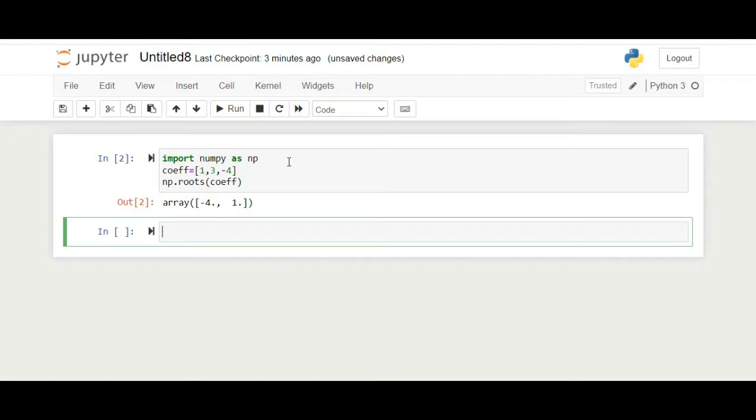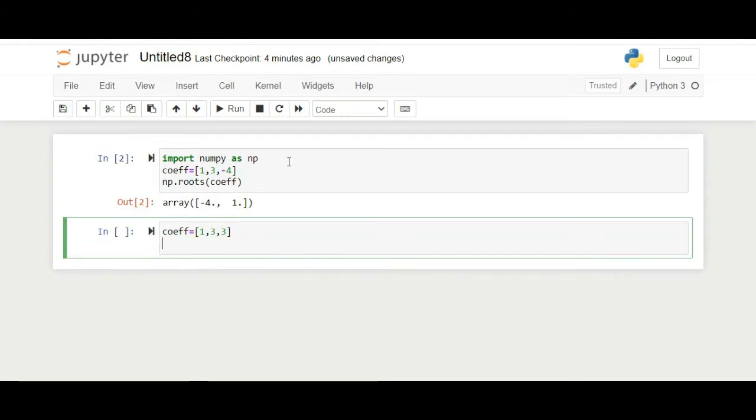We shall take another quadratic equation. As I described before, the coefficient of x square is 1, the coefficient of x is 3, and the constant term is also 3.